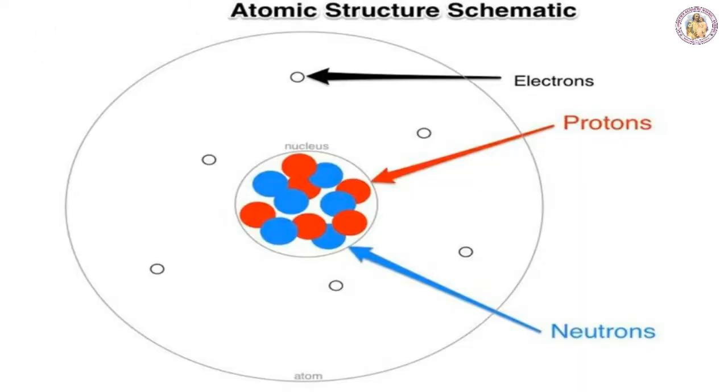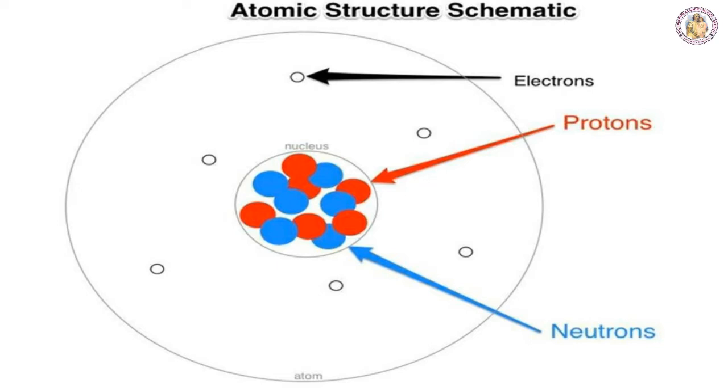Like mass and length, electric charge also is a fundamental property of all matter. We know that matter is made up of atoms and molecules. Atoms are made up of subatomic particles like electrons, protons, and neutrons. Where are these particles present in an atom?